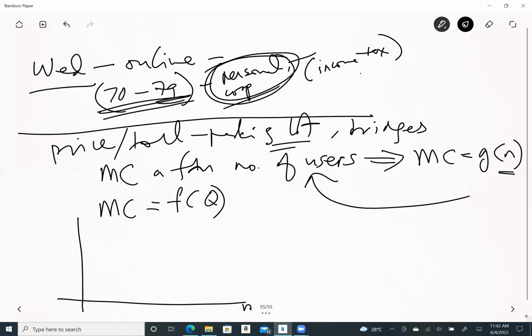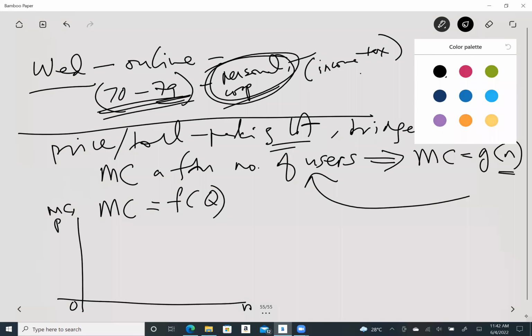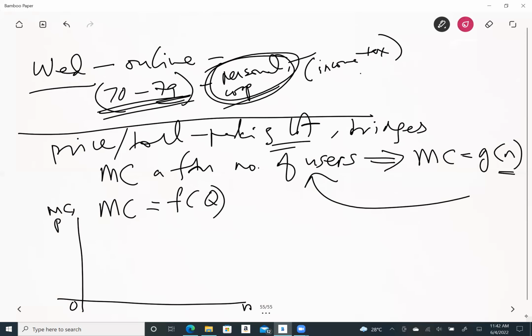This is n, that is marginal cost. So you differentiate, and it's just equal to 0. So marginal cost as a function of n is equal to 0.